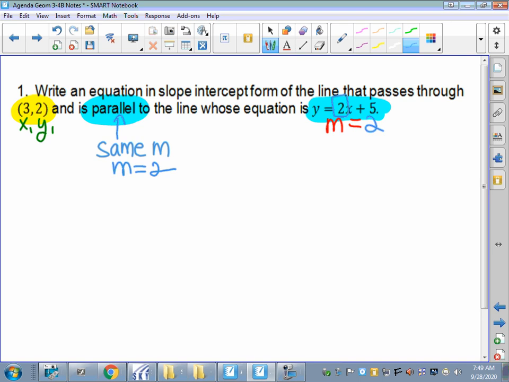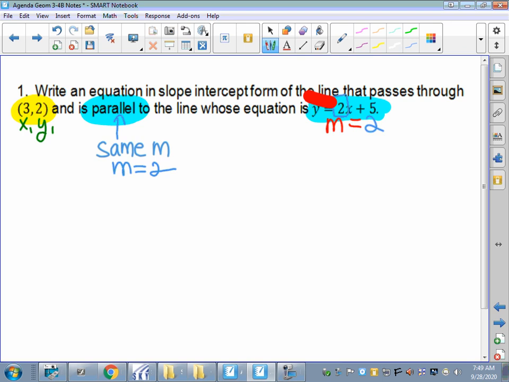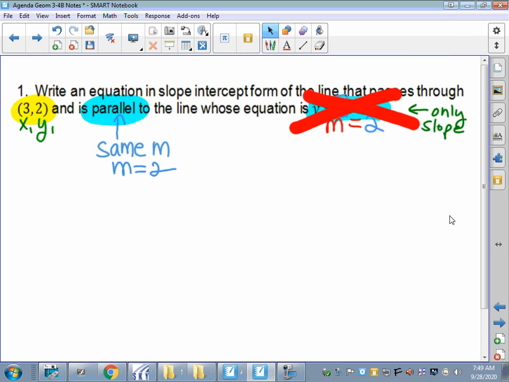Now I'm going to take a big red marker and cross this out. Once you pick out that slope and you change it or keep it the same, whether it's parallel or perpendicular, you don't care about that plus 5, you don't care about that equation. We only needed that for the slope. So only slope. Then you're done with it, cross it out, get rid of it.